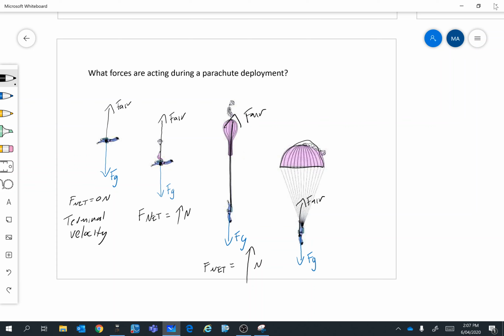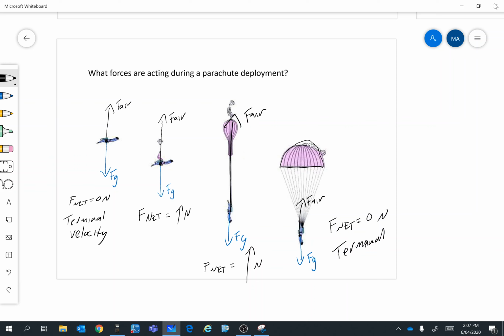Well, it's built to have a great deal of air resistance, that's right. But remember, this person's velocity is now a lot less, a lot slower. So the air resistance is going to be reduced as a result of that, and so it ends up being the same as when they were falling at terminal velocity before. So now the F net is once again equal to 0, so we have a new terminal velocity.